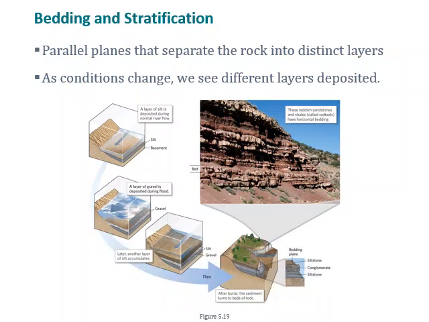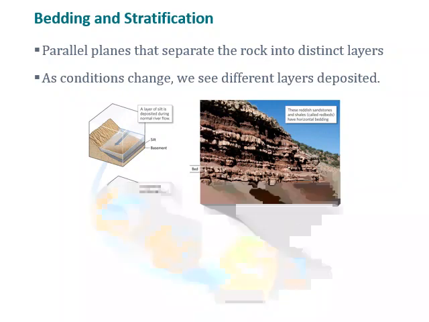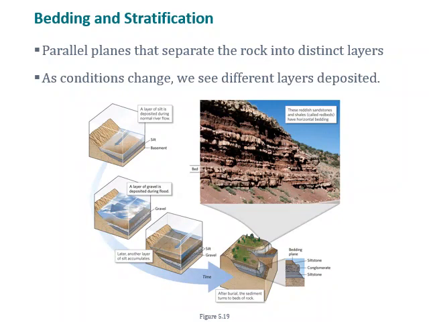So as the source material changes for the sedimentary rocks, as we change grain size from coarse to fine, we have the production of bedding planes that separate the rocks into distinct layers. So this represents a change in source material, but also a change in conditions at that particular location.